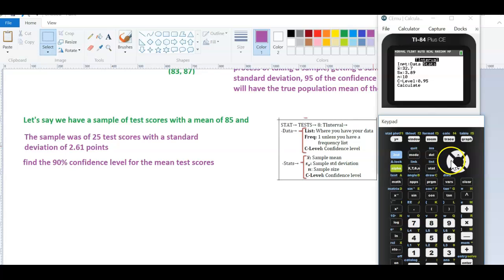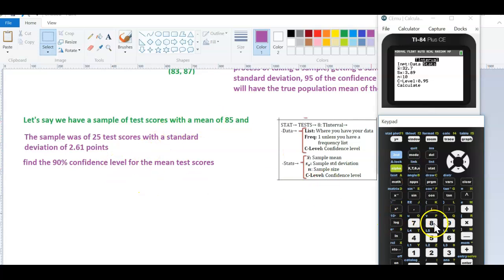So say I went over data, it's going to ask you for a list. So if I had entered the list of the data that I had in L1, I would just give it the confidence level and hit calculate and I'd be done. But in this case, I'm going to use stats since we did do those calculations. So let's enter our information.